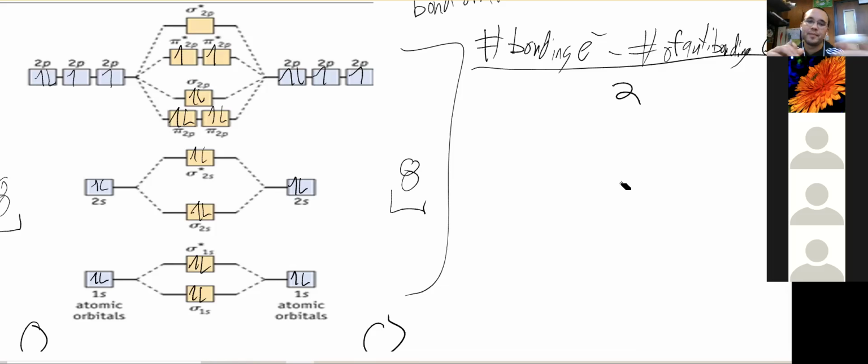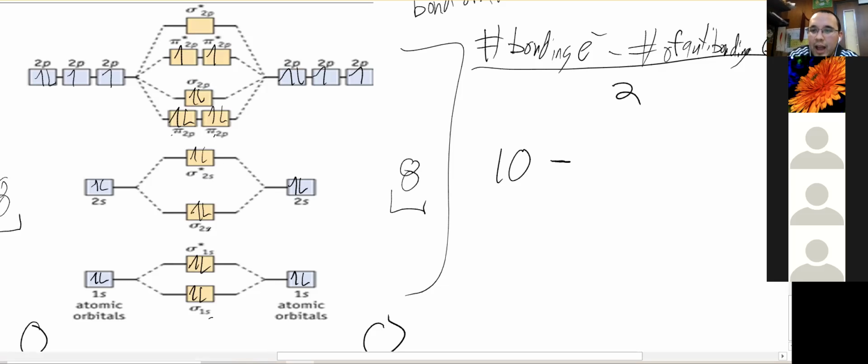Okay, thanks. So for this one, how many bonding electrons are there? That's where you look at the bonding orbitals and count how many electrons are in there. So we have 2, 4, 6, 8, 10.